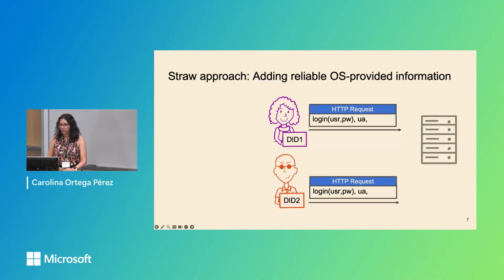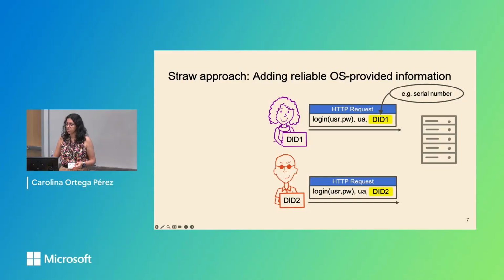So going back to our diagram, a first idea is to involve the operating system as a trusted party. So you can send the same information as before, but also an additional device identifier that is signed by the operating system. So, for example, we can send device ID 1, device ID 2, and you can think of this being like, for example, a serial number, something that is provided by the operating system and the user cannot tamper with.